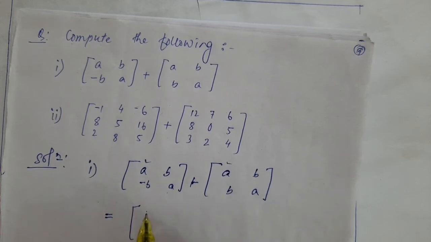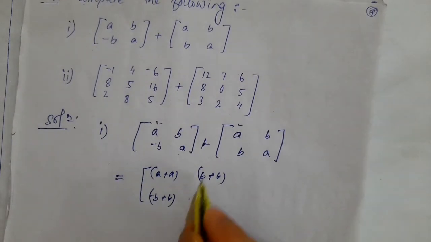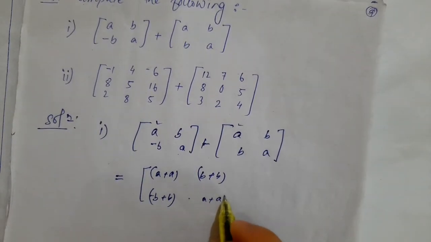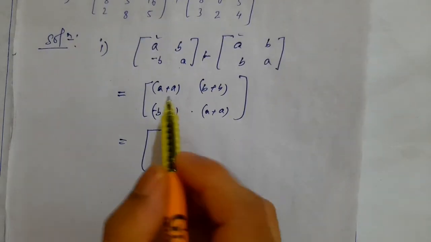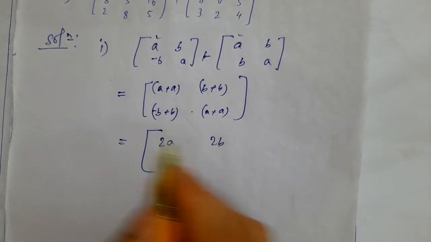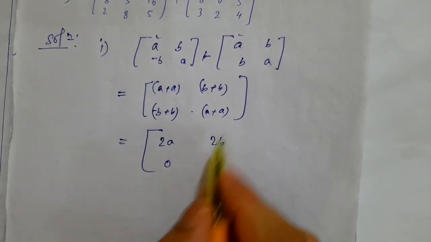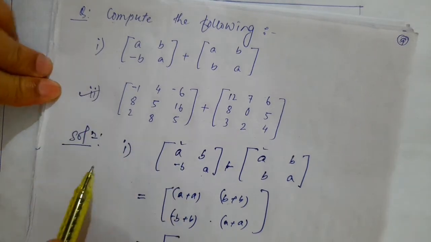So A plus A, and B plus B, minus B plus B, A plus A. What does it become? A plus A is 2A, B plus B is 2B, minus B plus B is 0, and 2A. That is the resultant.